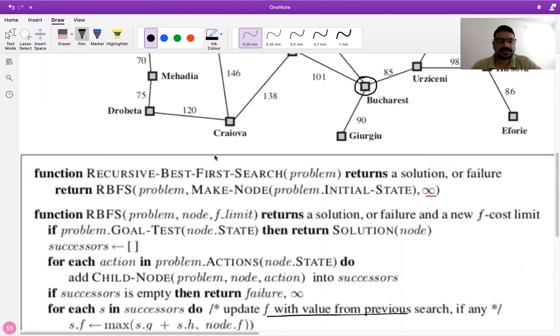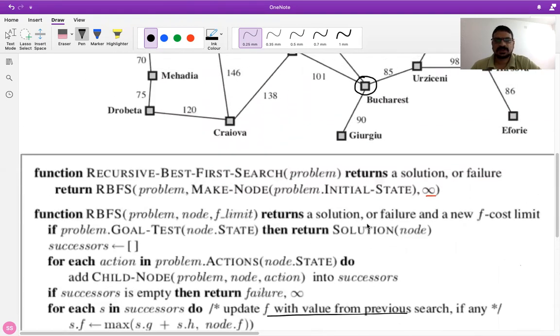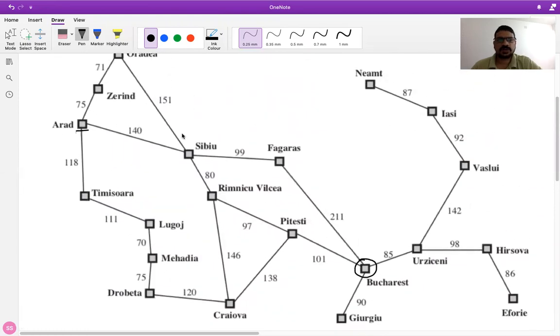Now for this empty successor we apply the loop: for each action in problem.actions(node.state) do. We'll find all the actions and all the children and put them into the successor list. So from Sibiu, where can we go?